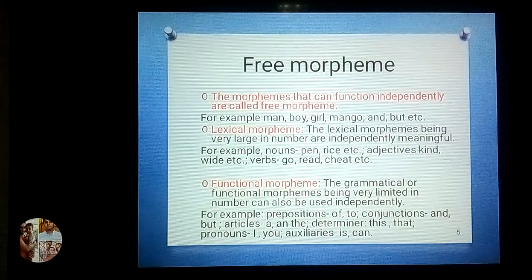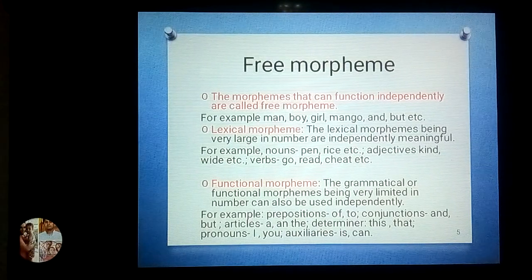Lexical morpheme. The lexical morphemes, being very large in number, are independently meaningful. For example, nouns, adjectives, and verbs are examples of lexical morphemes because they can stand alone grammatically and meaningfully.